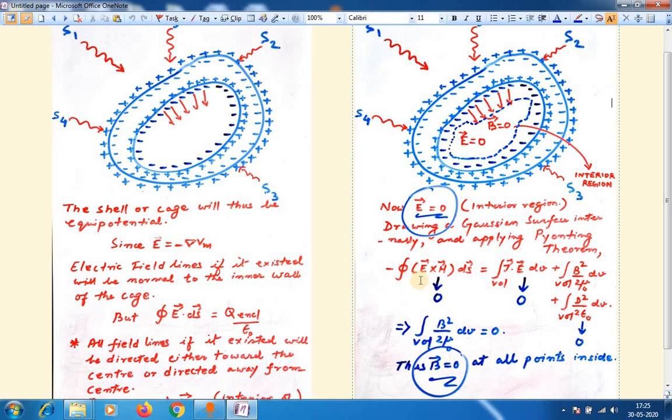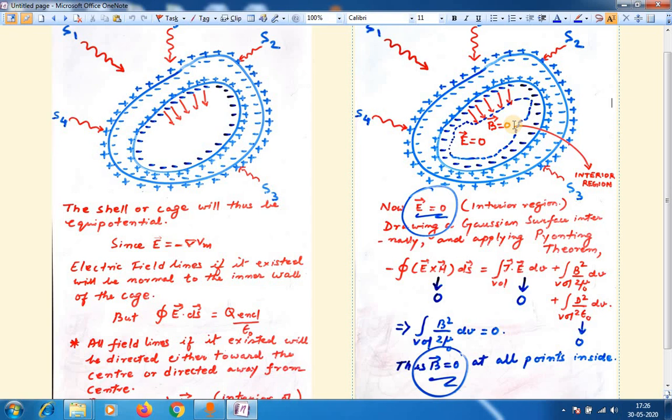So all terms having E will be zero. So we are left with this condition: the volumetric integral of B squared by 2 mu naught dV is equal to 0, which implies magnetic flux density is 0 at all points inside in the interior region of the shell.